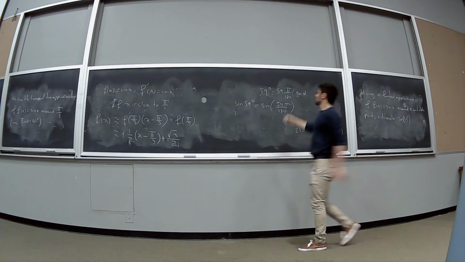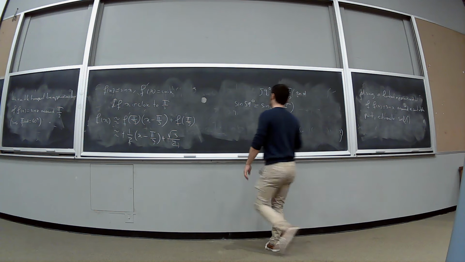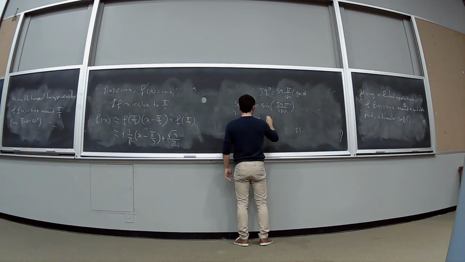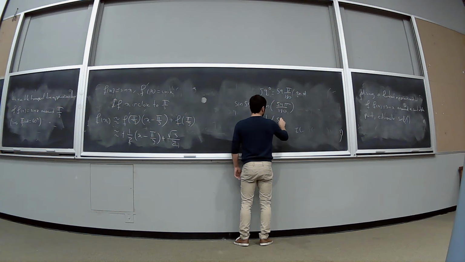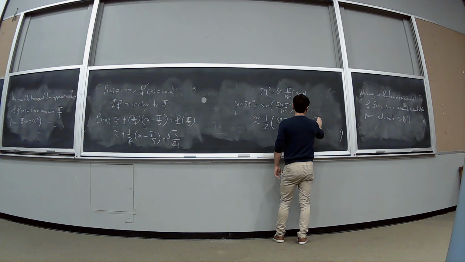Now, what approximation do I use here? I use the tangent line, right? Instead of plugging in x, 59 pi over 180, into sine x, which I cannot find, I plug it into the tangent line. This is approximately equal to what? To 1/2 times 59 pi over 180 minus pi over 3 plus root 3 over 2.